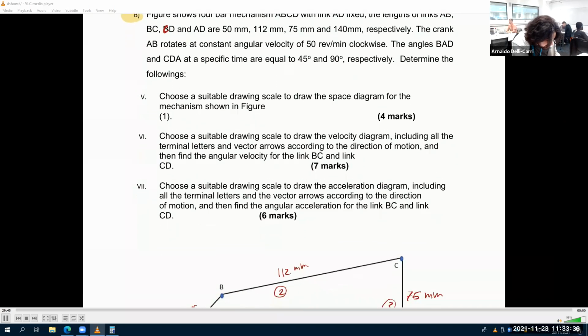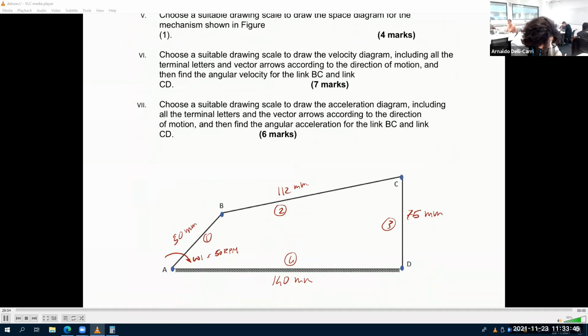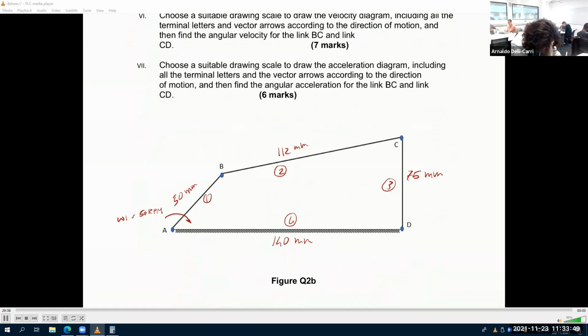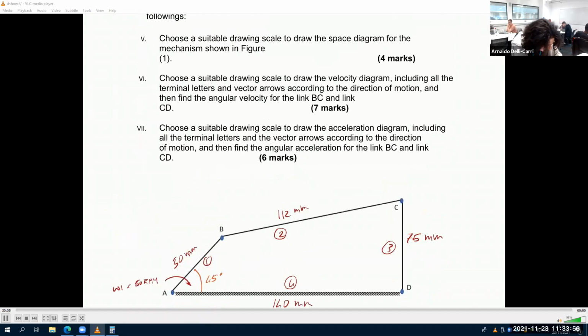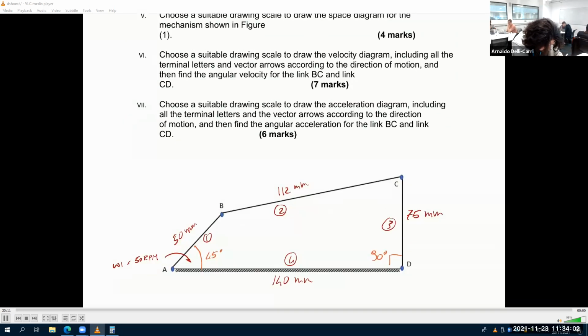The angles BAD and CDA at this specific time are 45 degrees, and this angle is 90 degrees. Okay, no need to write it down.